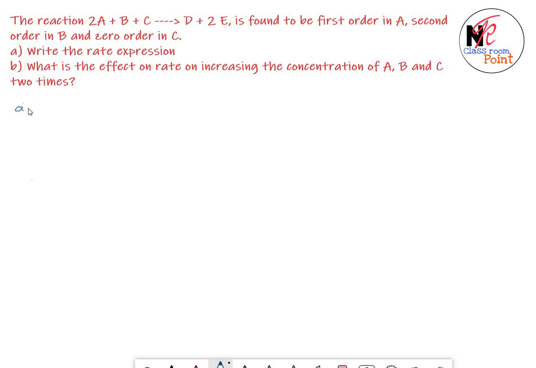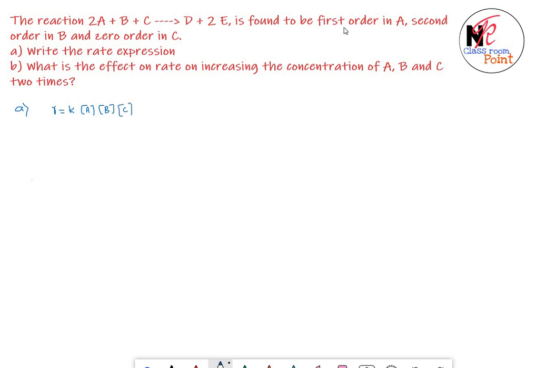Initially, sub question A. First of all, let us write down the rate expression. Rate expression means always rate equals K into the concentration of the reactants. But in this case, because 3 reactants are there, the concentration of A, the concentration of B and the concentration of C are there.